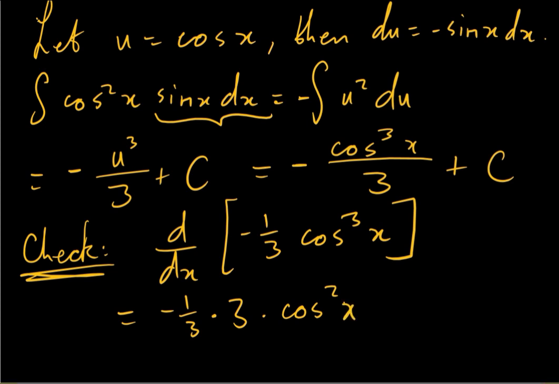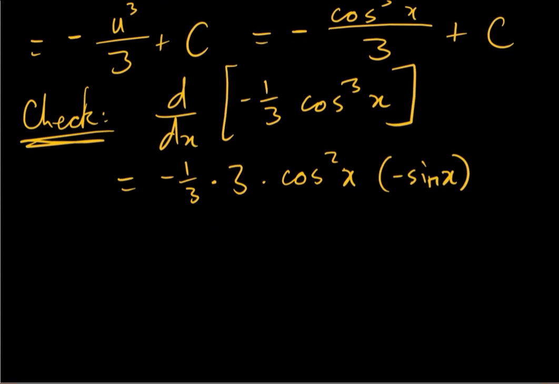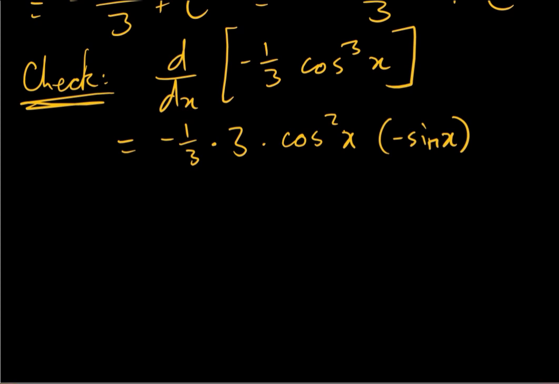But don't forget, we need to also multiply by the inner function's derivative, which is cosine, so it will be negative sine x. Let me explain that a little bit more after I simplify here. So the 3 and the third cancel, and the negative there cancels with the negative. So we end up with cosine squared x times sine x.